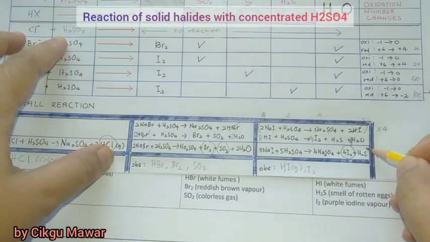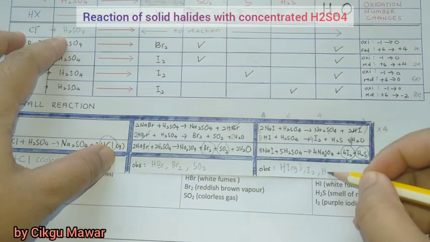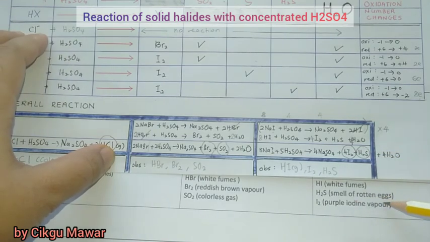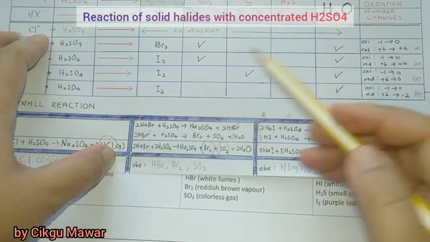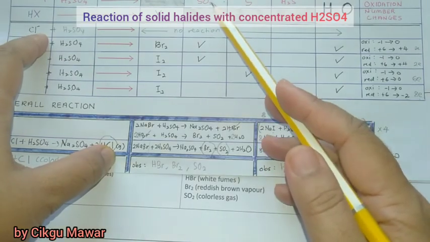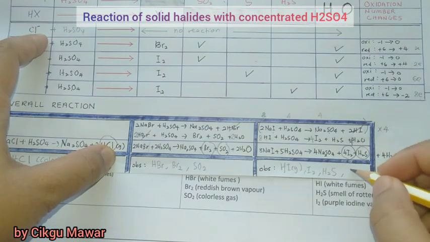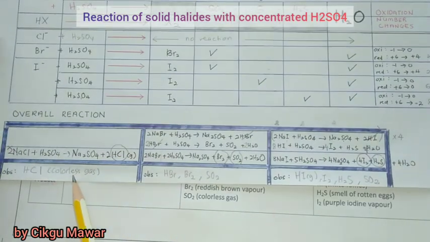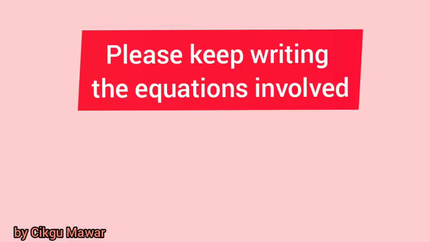And then we also have H2S, hydrogen sulfide, which smells of rotten eggs. And then it also produces sulfur dioxide. Don't forget the positive oxidation state of sulfur, which is SO2. So it must also be written here, which is a colorless gas. So this is the observation that we can write here.